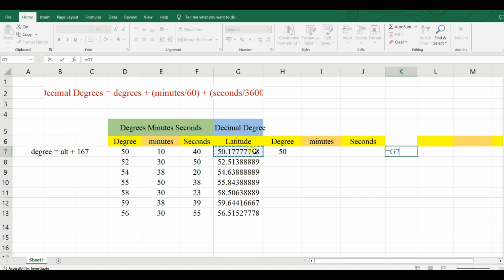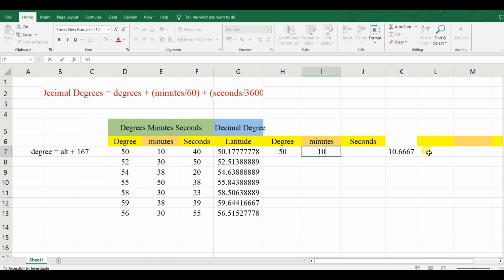to type those values after the point, means 0.1777778 into 60. This will be the minute value. And before the point you need to take the value as minute value, means the minute value will be 10.